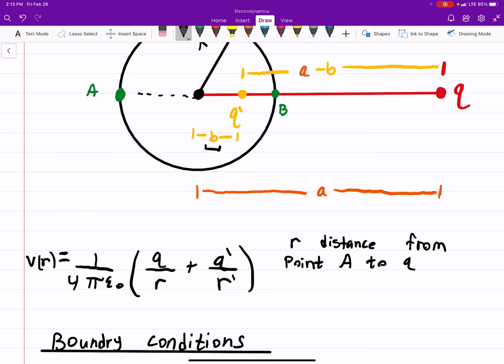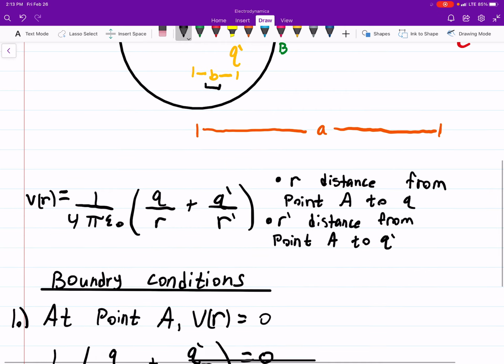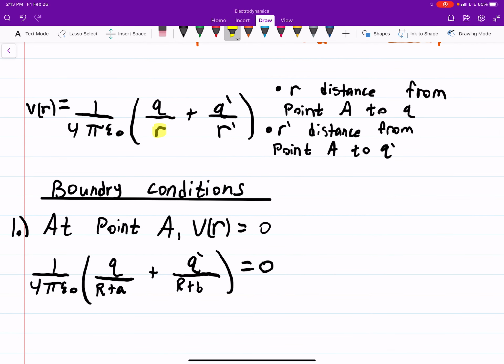And then R prime is going to be the distance, still from point A, to this time our imaginary charge Q prime. So that's what these guys are.